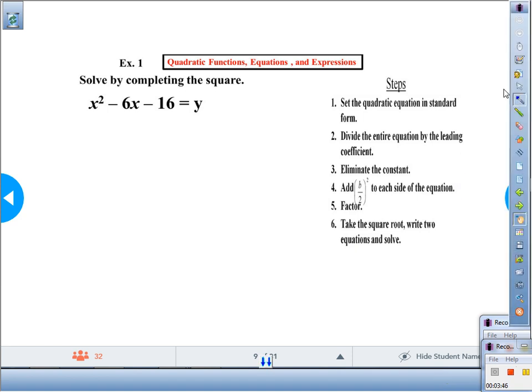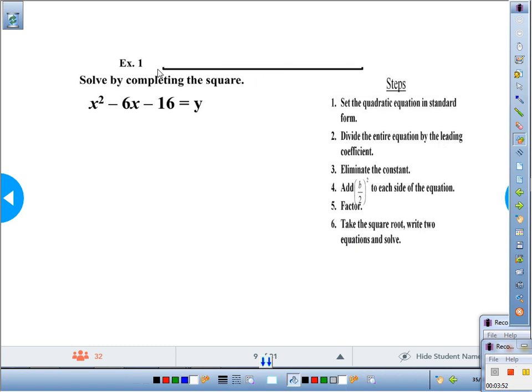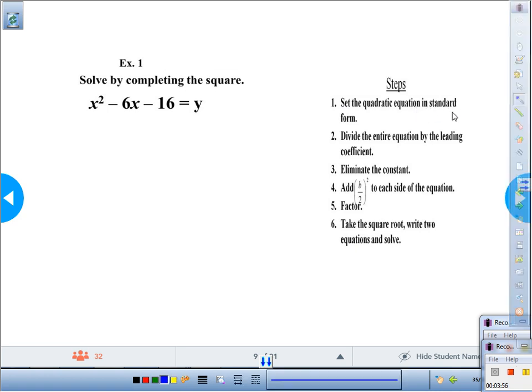It says, solve by completing the square. Step 1 says to set the quadratic equation in standard form. A standard form of a quadratic equation looks as follows: ax squared plus bx plus c equals y. Does this look like this? Yes?